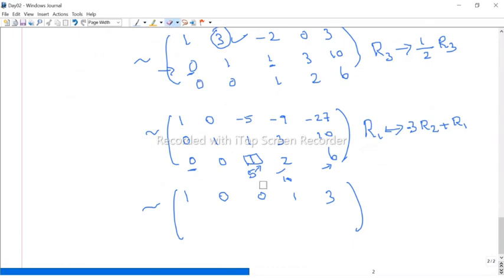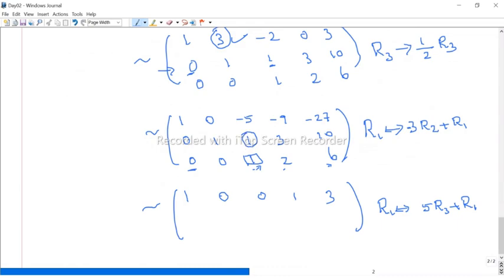Therefore, I am writing what we did. I replace R1, the first row, by R1 plus 5 times the last row, that is the third row. Now for the second row, we also have to make this position 0, right?